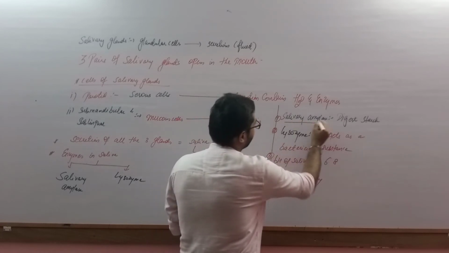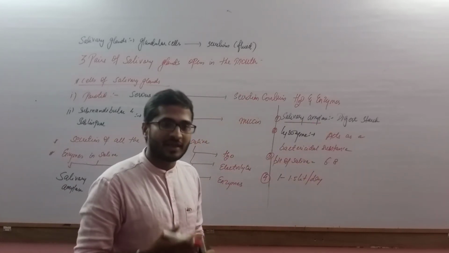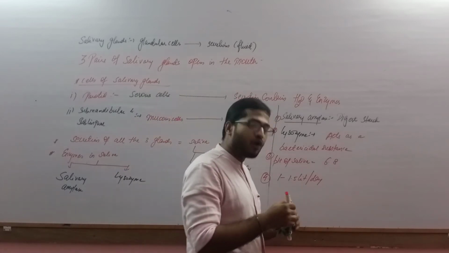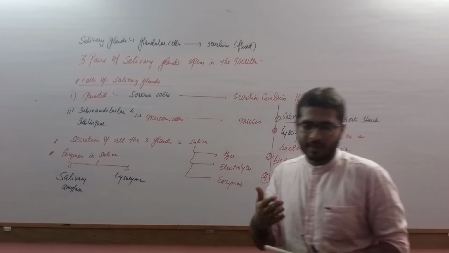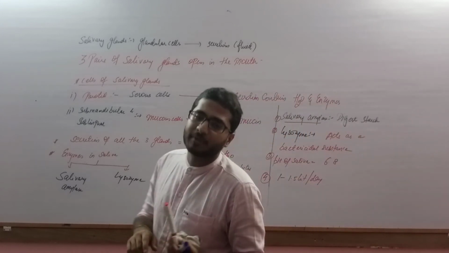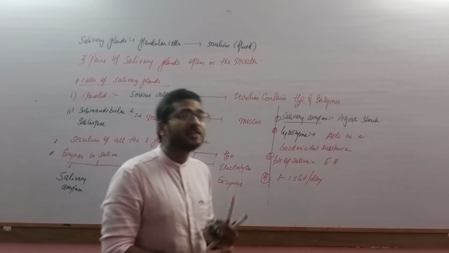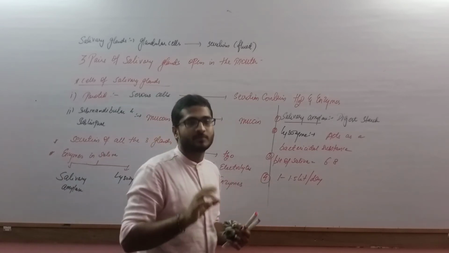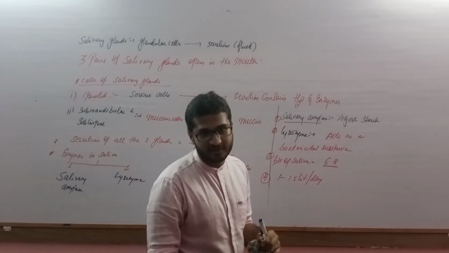Salivary amylase is an enzyme, and enzymes are proteins in nature. All proteins, when they have to function in the living body, act at a particular temperature and at a particular pH. The optimum pH of salivary amylase is 6.8.